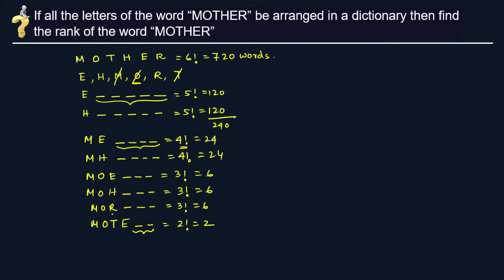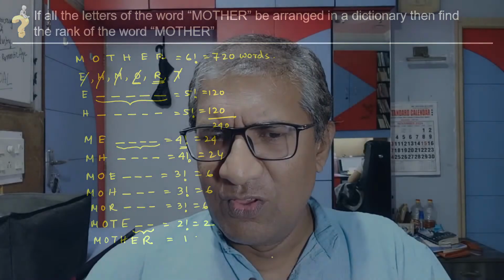Okay, so after E, alphabetically H will come. And after H, alphabetically what will come? E will come. Once E has come, you have to block it. And then alphabetically only the alphabet R is left. So that place has to be counted. So that is 1. So what will be the rank of the word MOTHER?